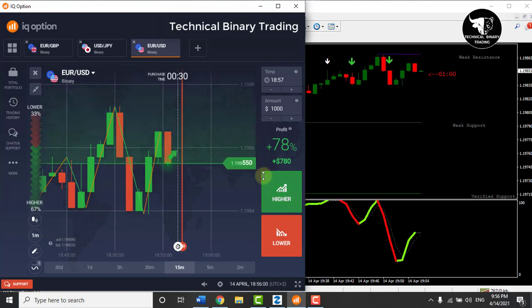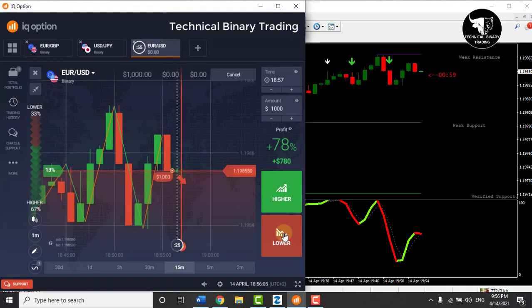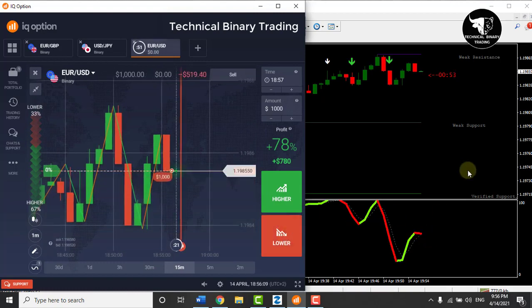You can see all conditions are fulfilled: resistance line, red candles, red stochastic and orange zigzag. So I will take a down trade.